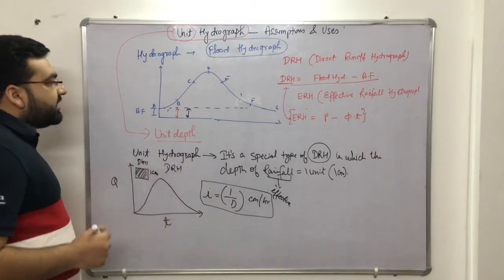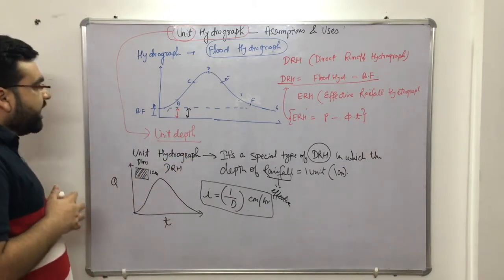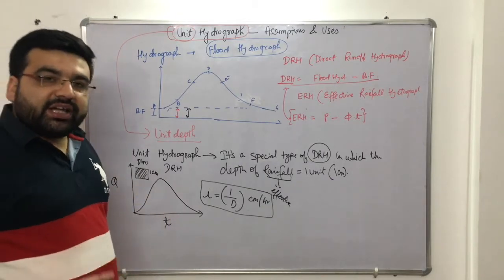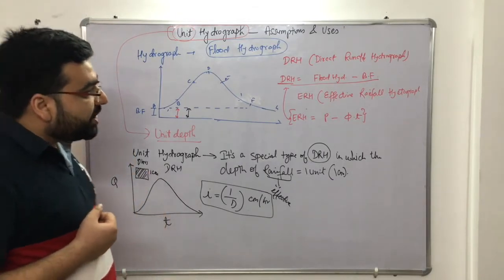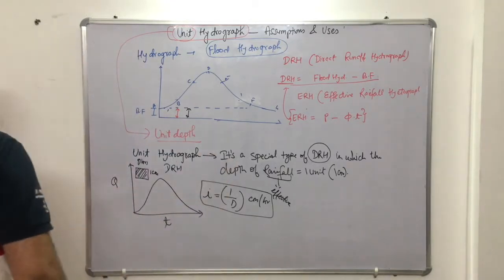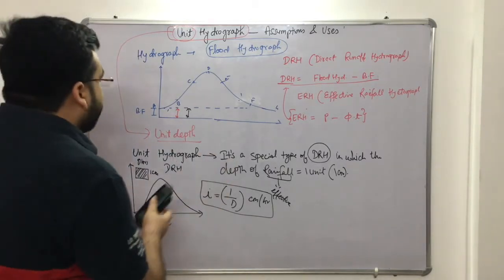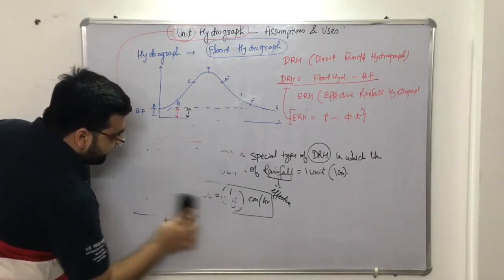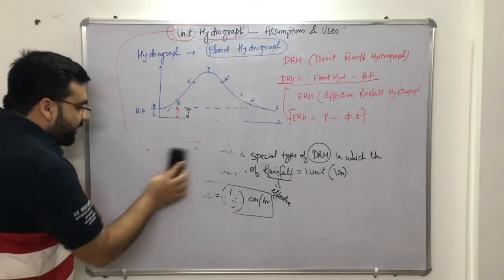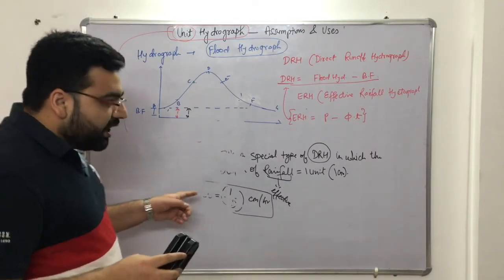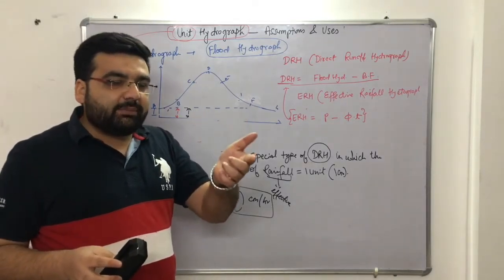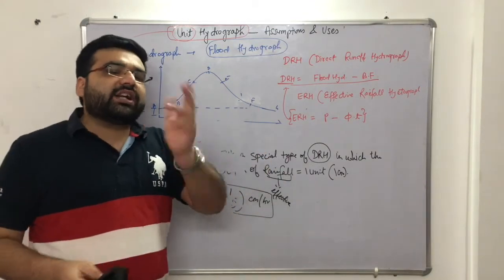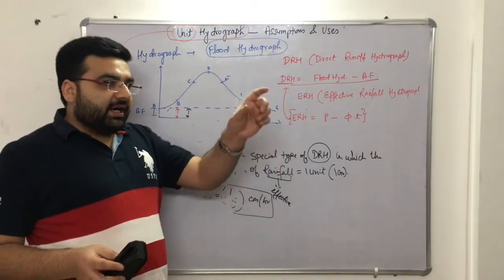Now, before understanding unit hydrograph in depth, let us first understand that there are some assumptions in the unit hydrograph, and those assumptions are very important. If the depth of the rainfall is 1 centimeter, because it is obviously a unit hydrograph, and the time of the rainfall is also given, you can determine the intensity, because that is equal to depth upon time.